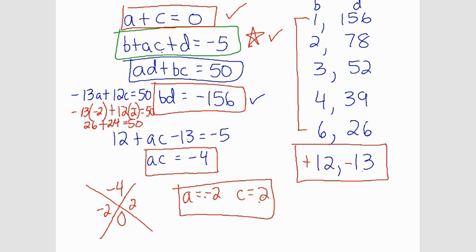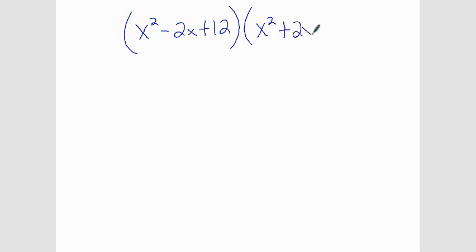So let's go ahead and write these out. The final results were x squared minus 2x plus 12 times x squared plus 2x minus 13 equals 0. Now this is great because we've got it down to quadratics. We can use the quadratic formula.